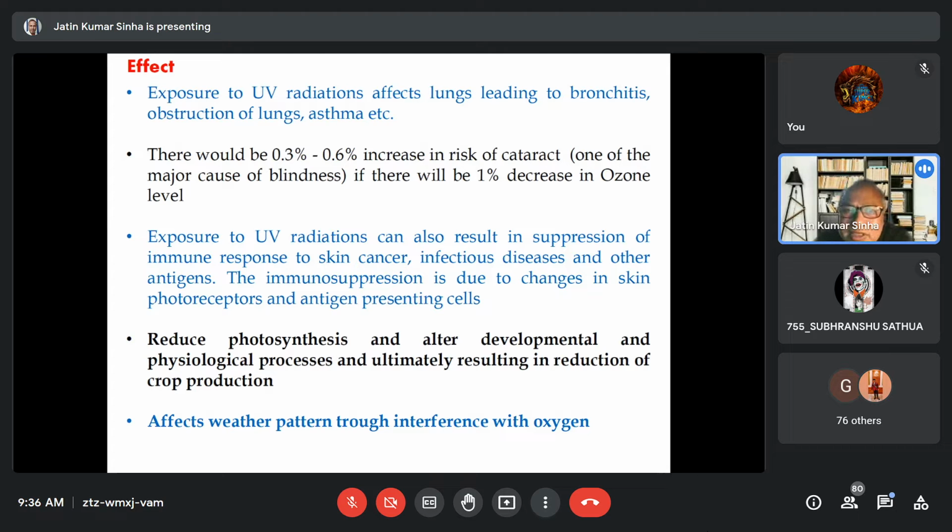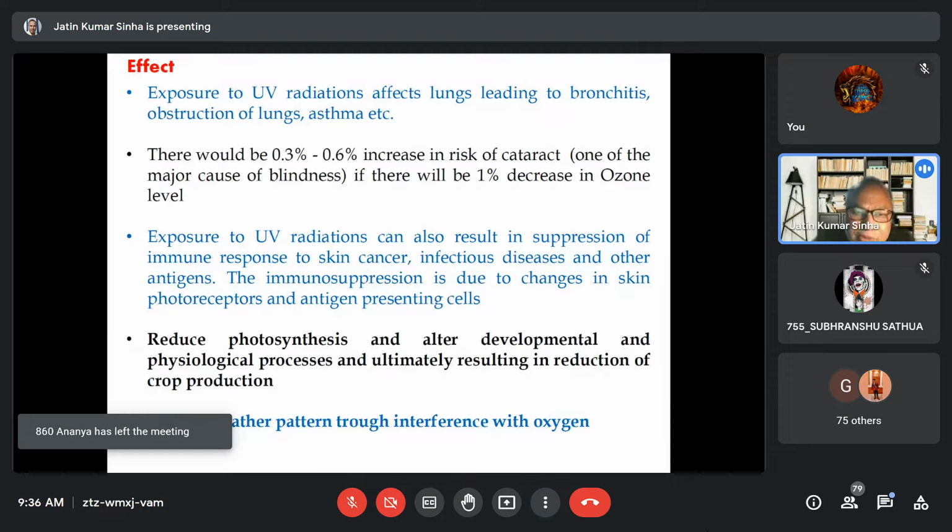Nowadays we may have this kind of problem at almost every age, even in the young generation. So it is no longer limited to the older generation. It can happen at a younger age, and maybe the reason can be exposure to UV radiation.